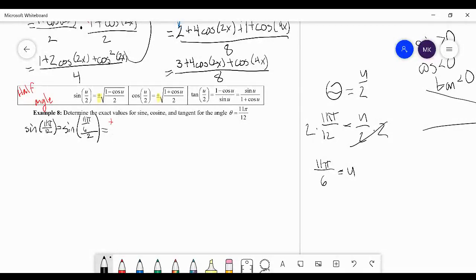So we have the square root of 1 minus cosine of 11 pi over 6, all over 2. It's very hard to draw straight lines on a computer like this. Cosine of 11 pi over 6 is root 3 over 2. So we get 1 minus root 3 over 2, all over 2.